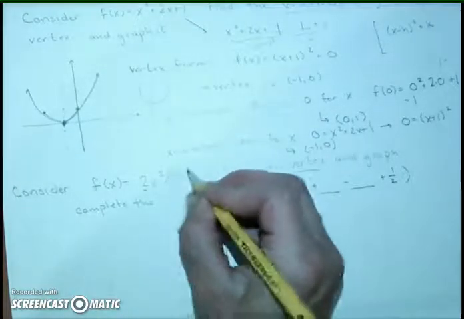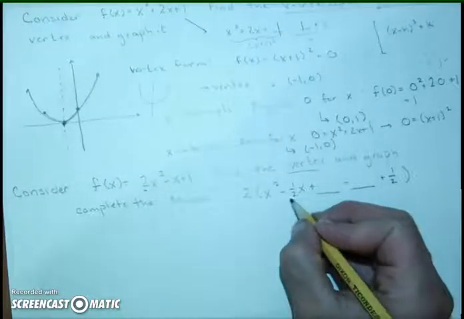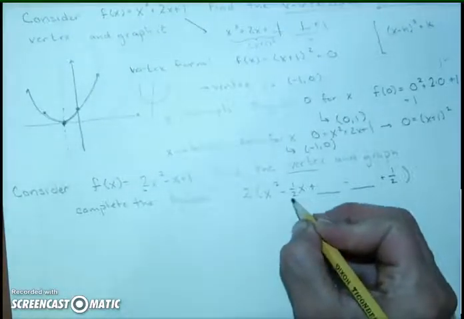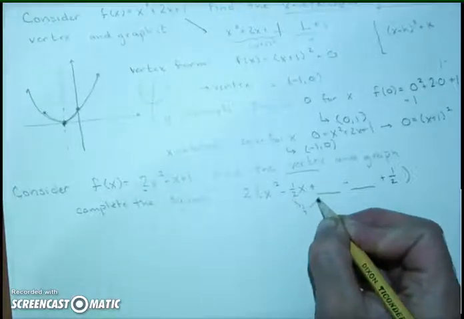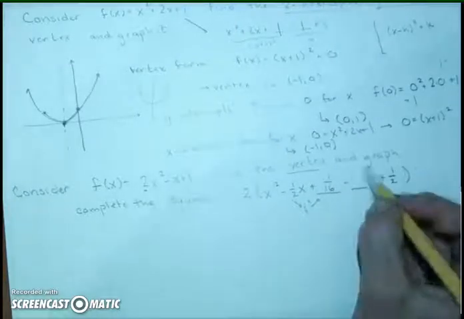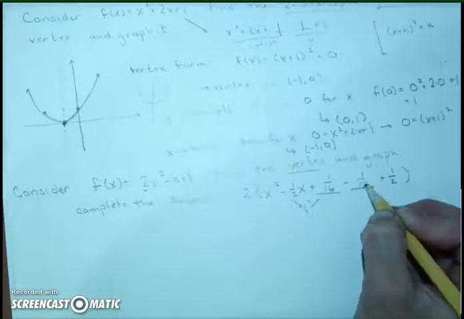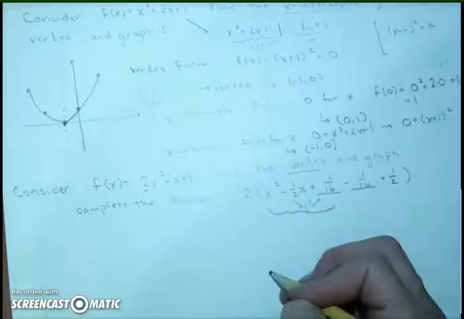Let me write that a little darker so you can read it. Okay, so what do I put here? I put 1/2 divided by 2 is 1/4, and then squared is 1/16. So then I must also add 1/16. This is the part that's going to be my perfect square.